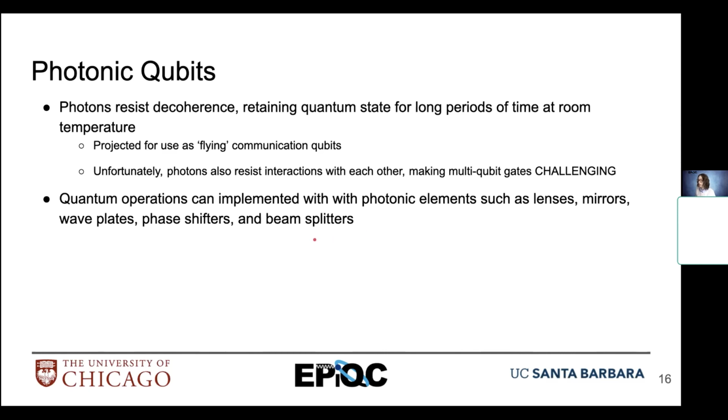So unlike other quantum systems that have high errors associated with their gate implementations, single qubit operations on photonic qubits are able to be implemented very, very well because we are using these devices. So you're able to very reliably evolve a single qubit state when you're thinking about quantum photonics.